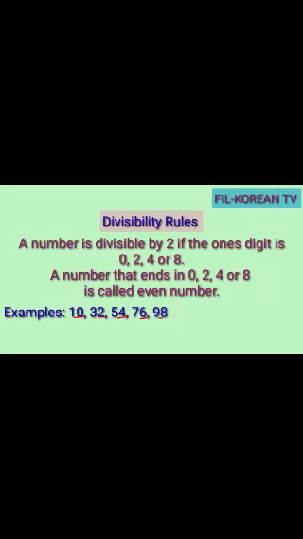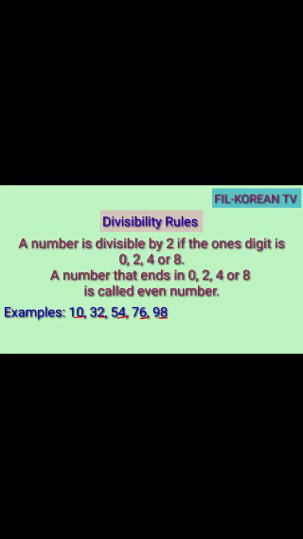Ang 32, 2; 54, 4; 76, 6; and 98, 8. Lahat ng numbers na ito ay even numbers. Kaya pwede itong ma-divide sa 2, eksakto yung answer. Walang remainder. Kaya ang numbers na ito ay divisible by 2.